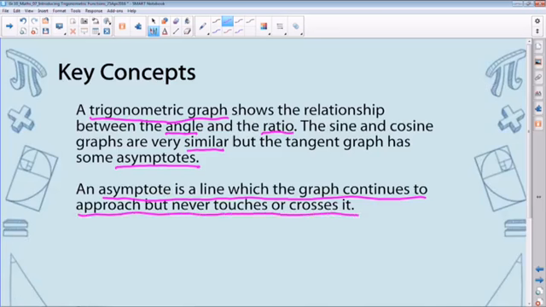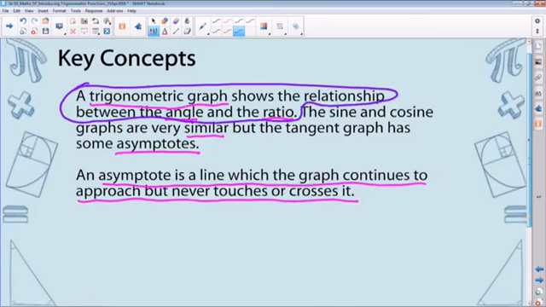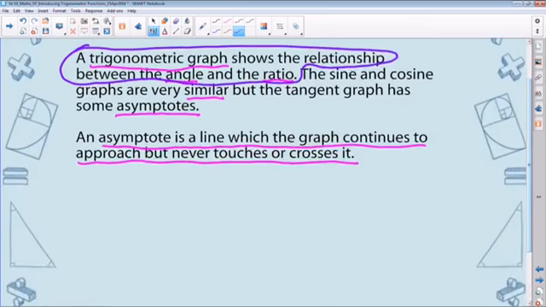Okay, but let's go back to this first part. A trigonometric graph shows the relationship between the angle and the ratio. And let's talk about that a little bit. Here is a triangle. Now on this triangle, we've got various values, and whatever the values would be.